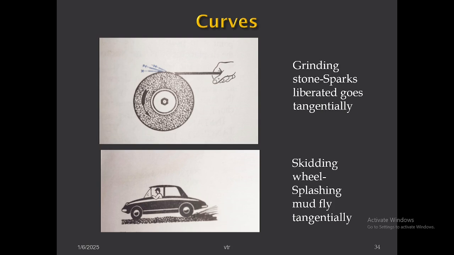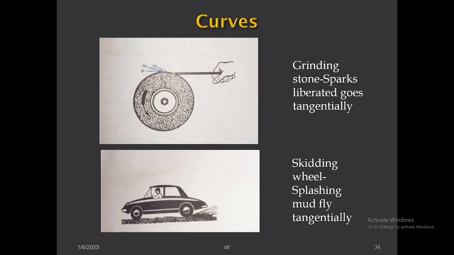There will be a generation of sparks. The sparks are always liberated tangent to the point where the knife is touching. That is why velocity is always directed along the tangential path.